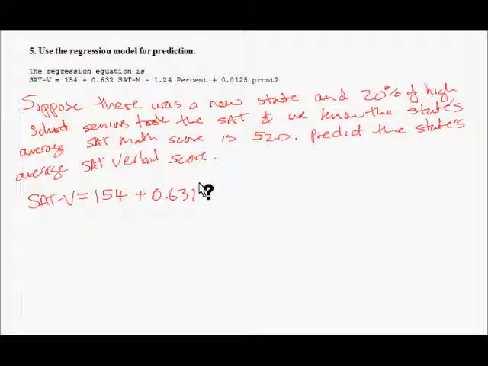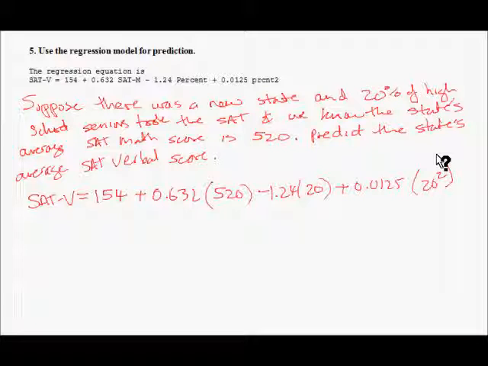0.632 times the SAT math, which was 520, minus 1.24 times percent, which was 20, plus 0.0125, and now I want percent squared, so I want 20 squared or 400. So I just need to calculate that value.